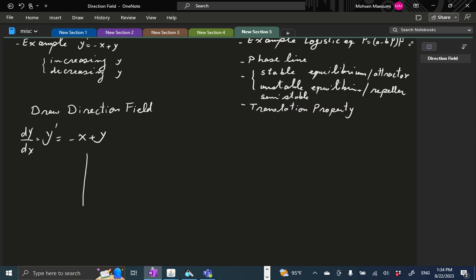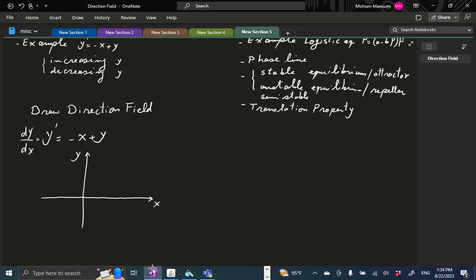Well, a direction field always happens in our coordinate system. So say we have x and y, or whatever the pair of variables happen to be. So let's see, what does y prime represent?